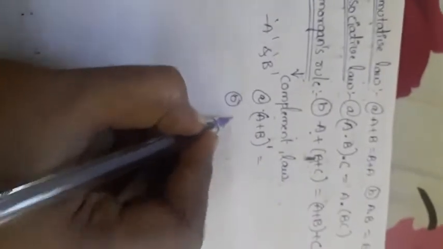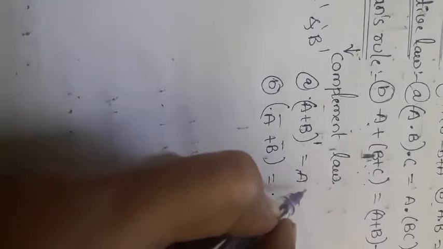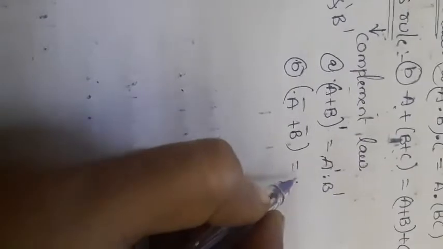The second rule is a complement plus b complement equals, and the result becomes a complement into b complement.